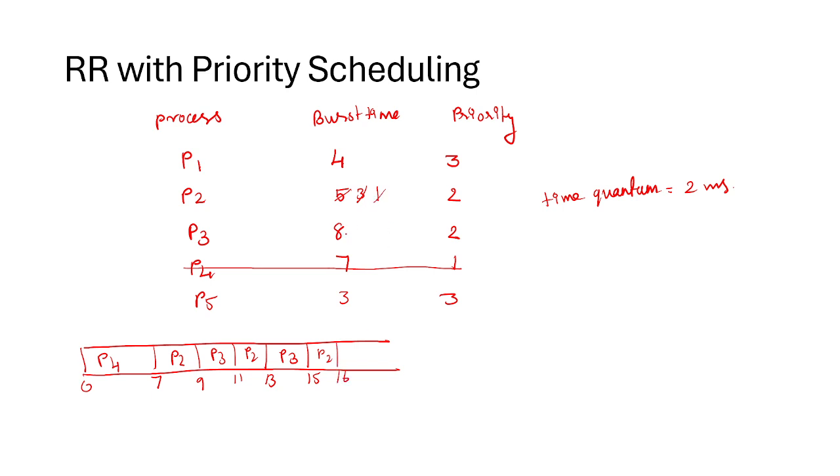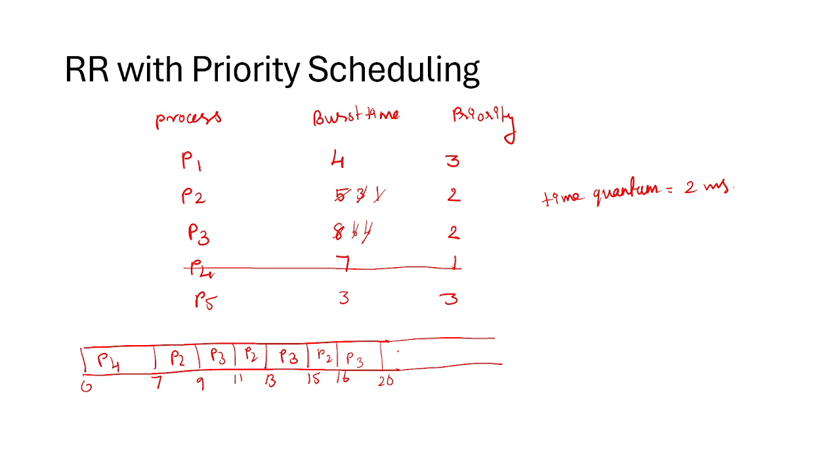So that is also over. P3 has 4 remaining, and 2 more is there. Since P3 has the higher priority compared to P1 and P5, P3 completes its execution and occupies the CPU up to 20 milliseconds. Then P2 and P3 are over, and P1 and P5 are there.